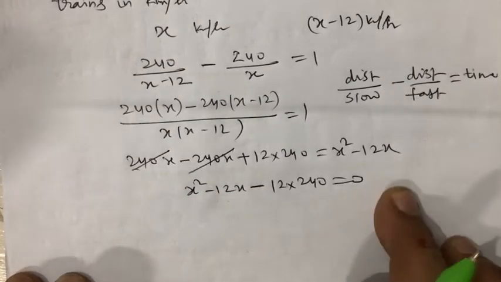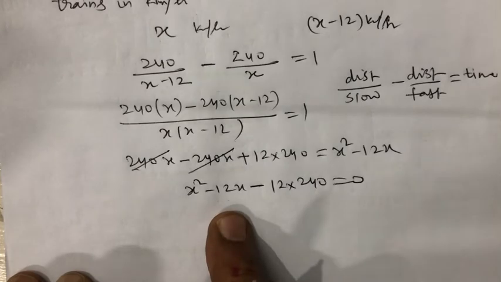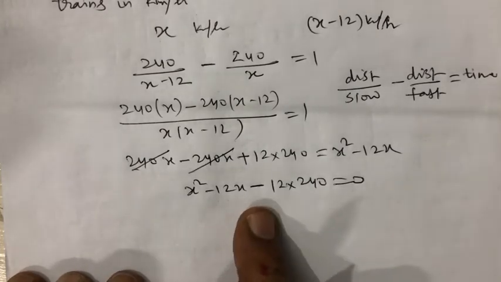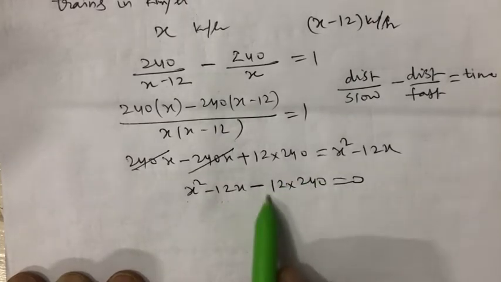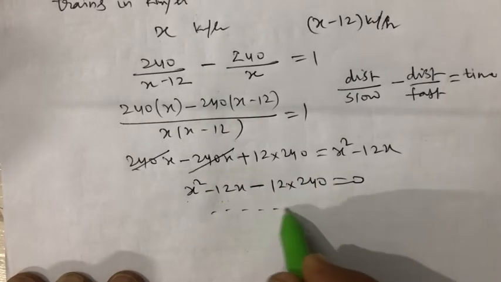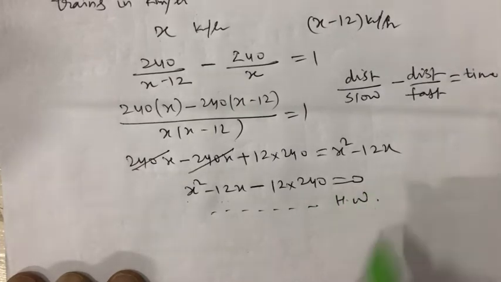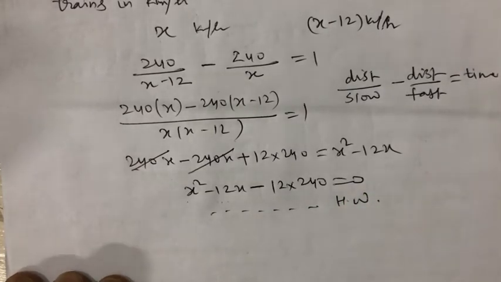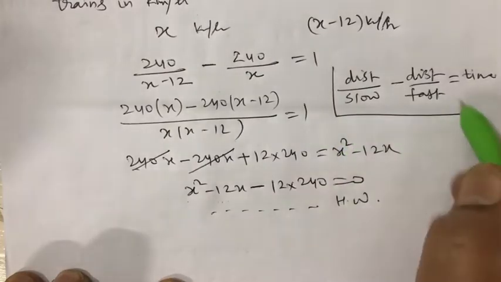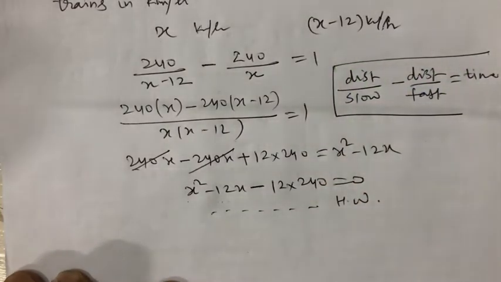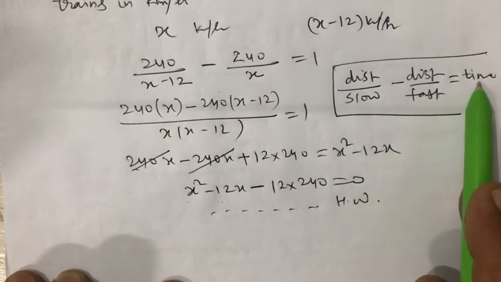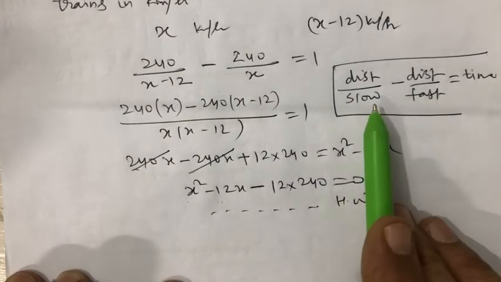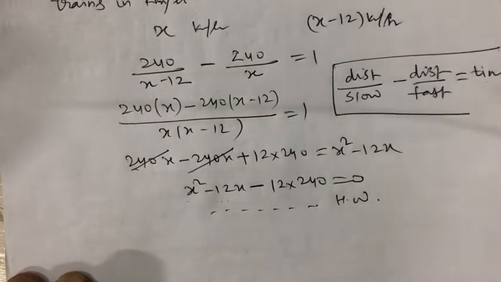This is for your homework, using either formula or factorization. Choice is yours. This is 1, this is minus 12, and the product of these two. So the remaining part is for your homework. Correct? So the most important thing is distance divided by slower speed minus distance upon fast speed equals the time difference taken by slower train or slower bus, whatever.